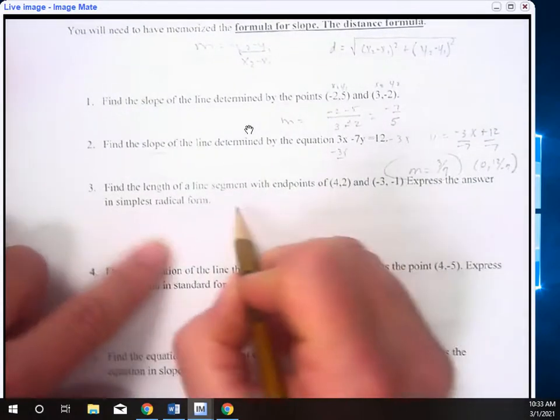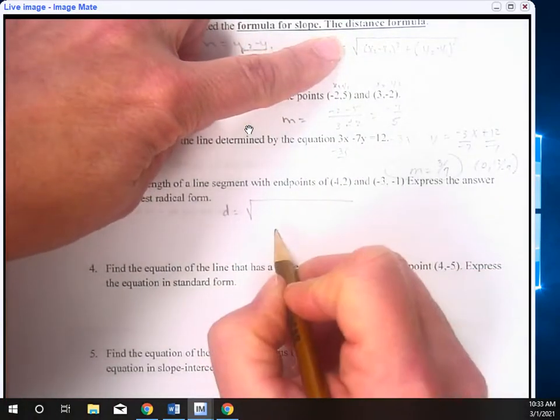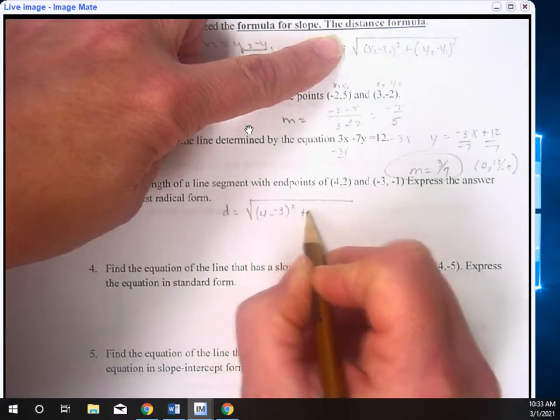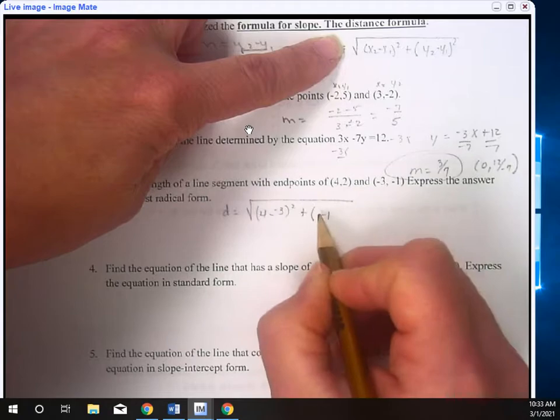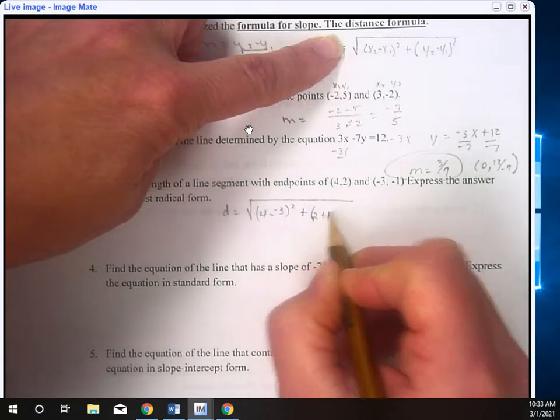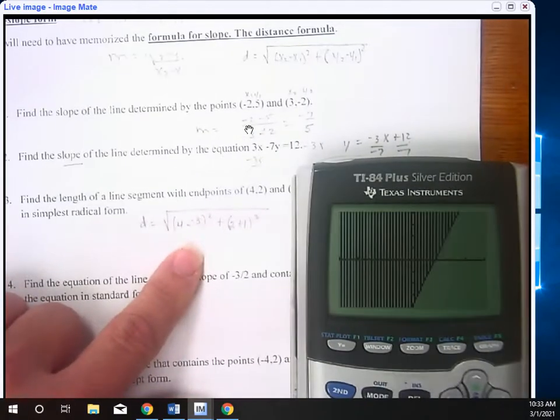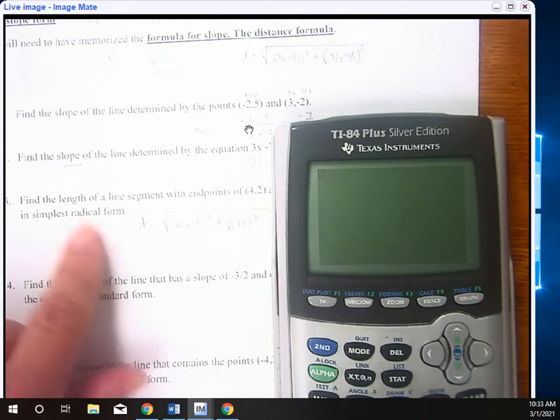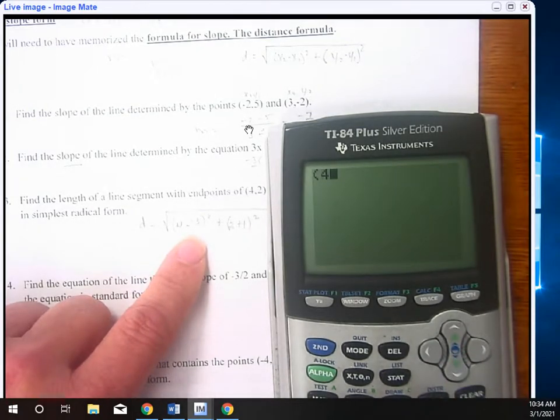Okay, so now for the distance. The distance is your x minus x, so 4 minus a negative 3, quantity squared, plus negative 2 minus a negative 1 quantity squared. When you're putting this into the calculator, I would do it without the square root first because I have told you to put it in simplest radical form, and we don't know if that's going to give us a problem or not.